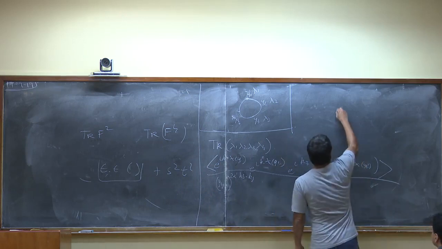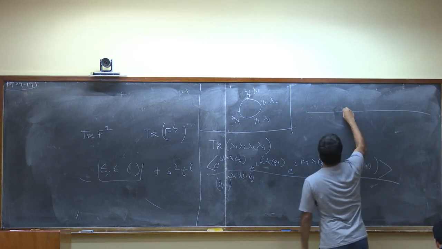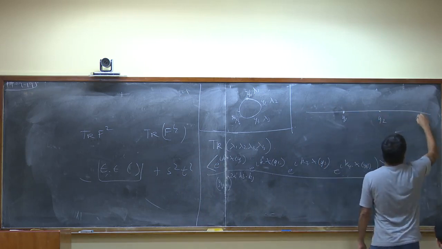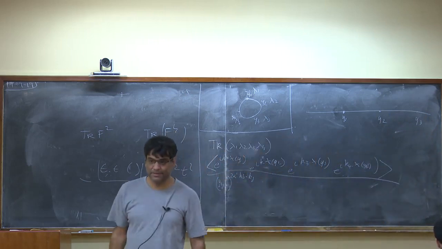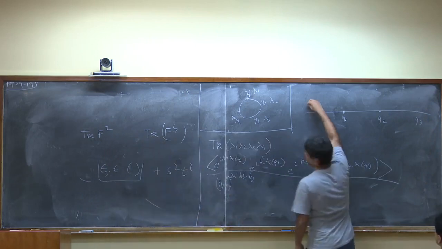So we've got this line, y1, y2, y3, and then y4 anywhere. Now this y4 is going to be integrated over the whole real line.